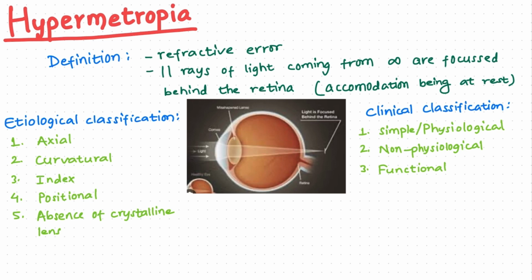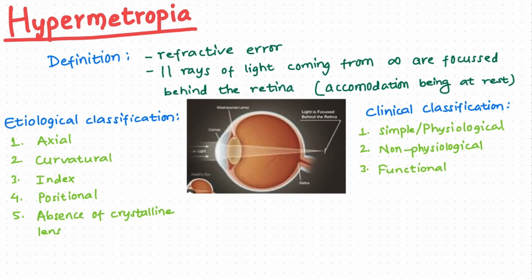Then the rays of light are going to be focused beyond the retina. For every 1 millimeter decrease in the axial length of the eyeball, there is +3 diopter of error, right?